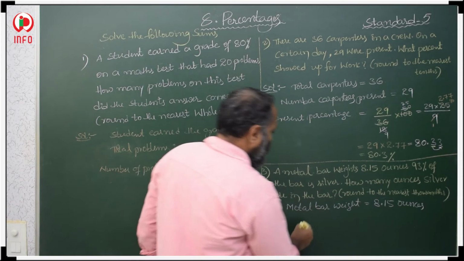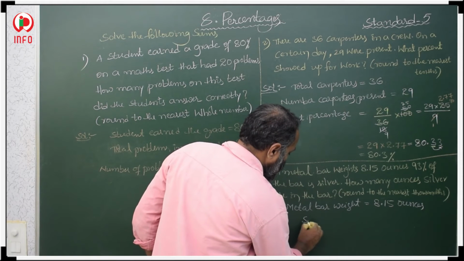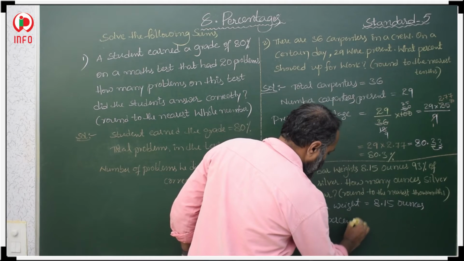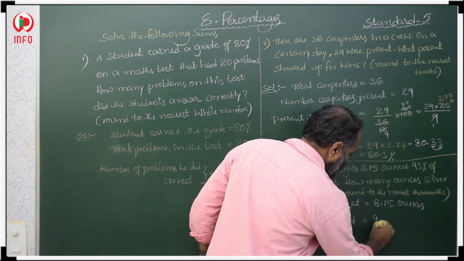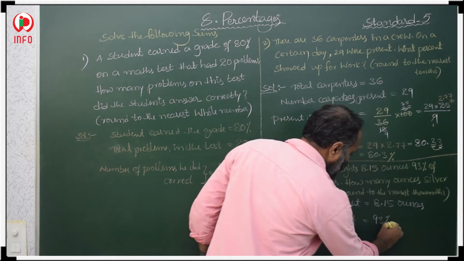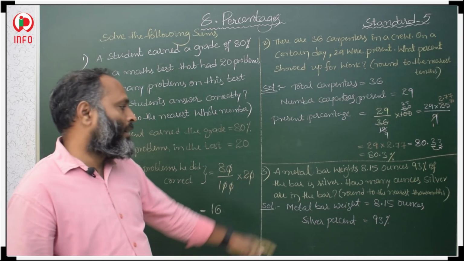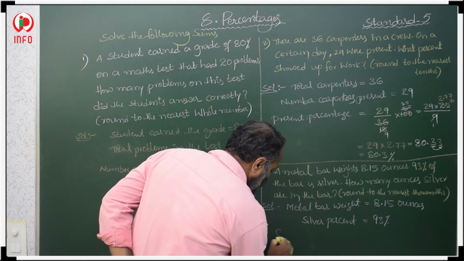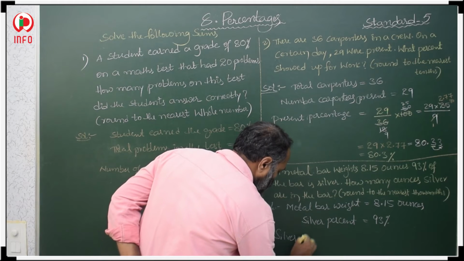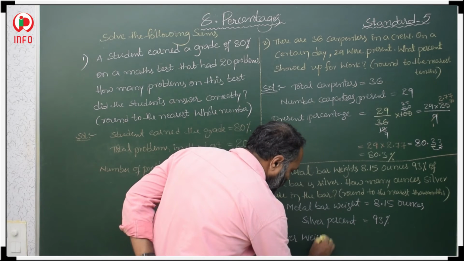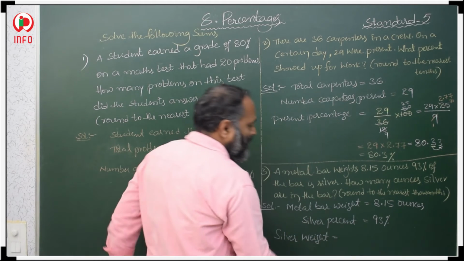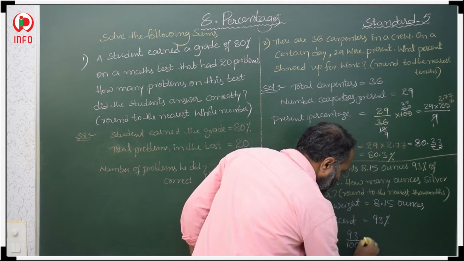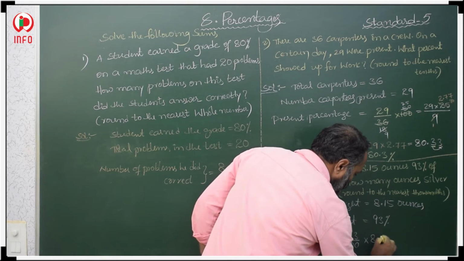Then the silver percent is 93%. Then how many ounce of silver? So we have to find the silver weight. Silver weight is the given percentage by total percent into 8.15.